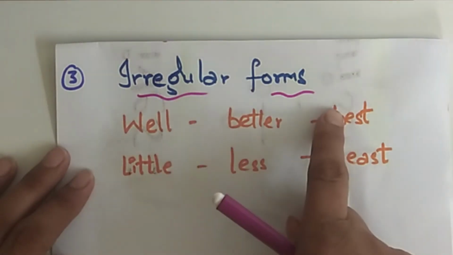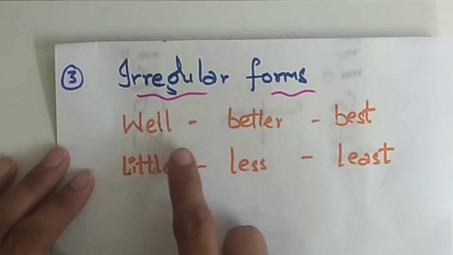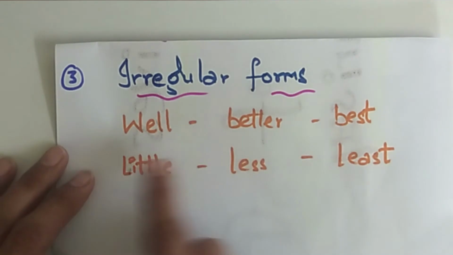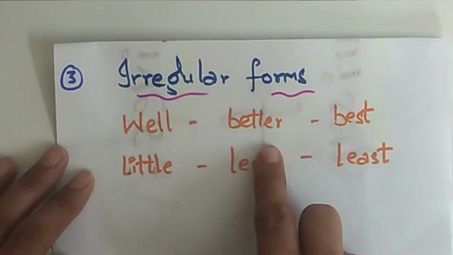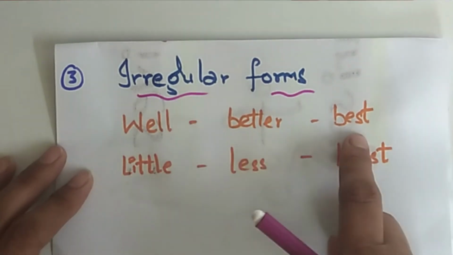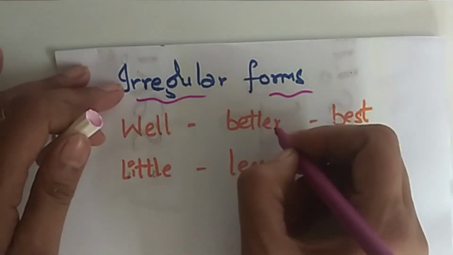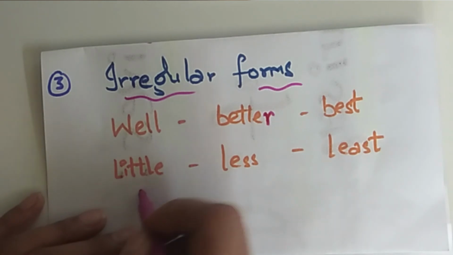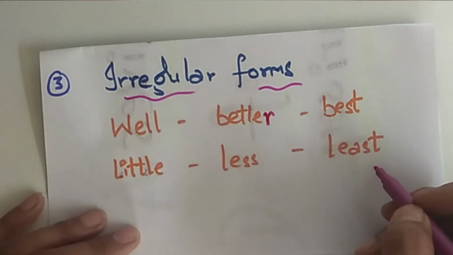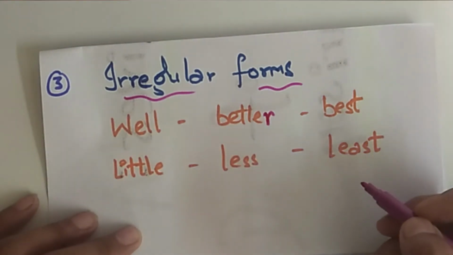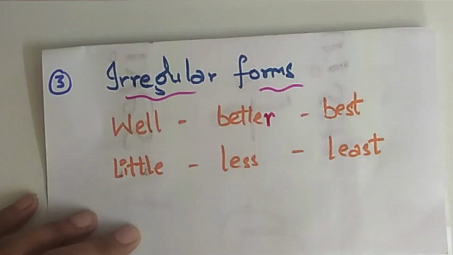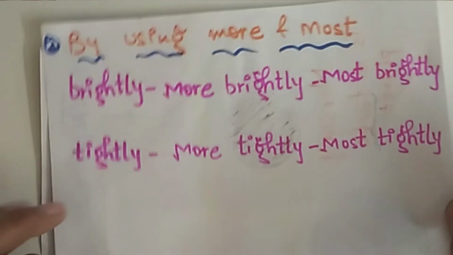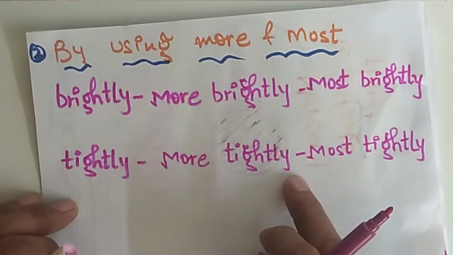The irregular forms in the comparison of adverbs: first is well, its comparative form is better and the superlative form is best. And the second example is little, less, least. So adverbs ending in ly usually form their comparatives and superlatives by adding more and most.